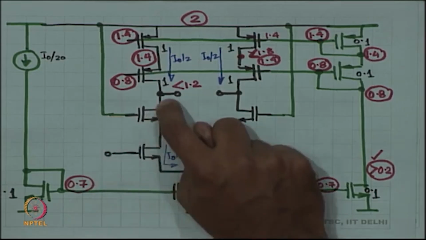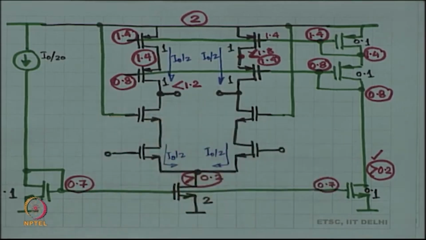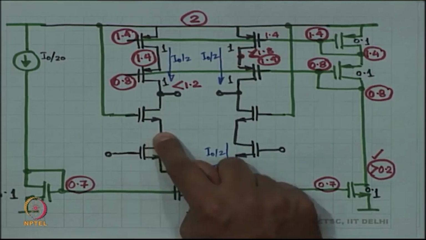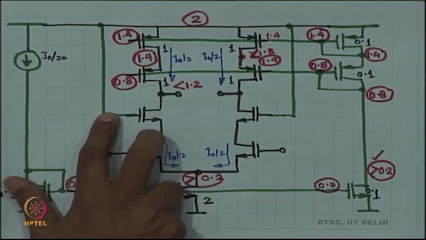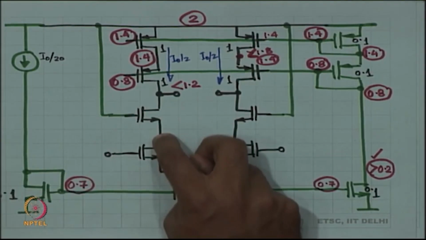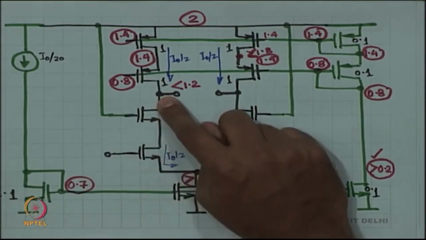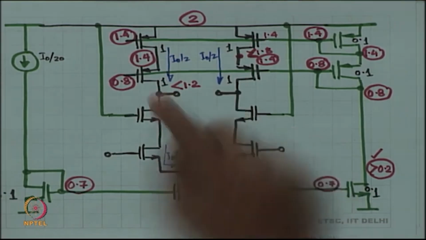What is the minimum at the output? 2 minus VT, right. If this is 2, then this is 1.3, 0.7 volts of VGS. So, this is 1.3, which means this has to be at least 1.5.